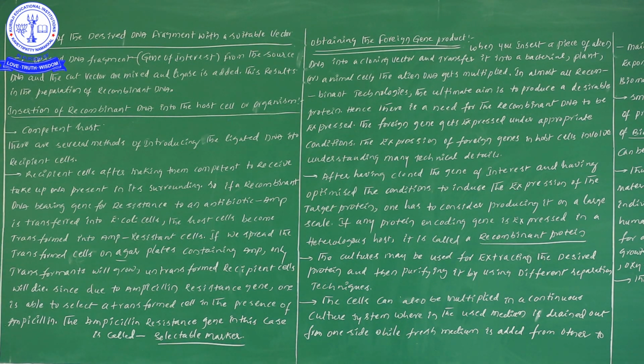What is the meaning? I have written it here: the used medium is drained out. In a continuous culture system, the unutilized waste materials are drained out from one side and fresh medium is added from the other side. Suppose there is one box with two inlets, so two ways.